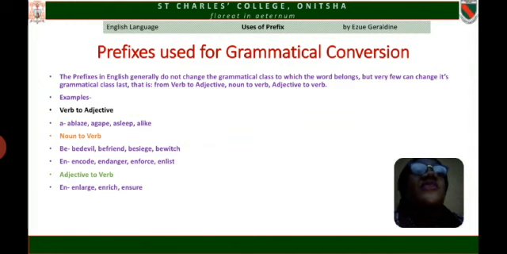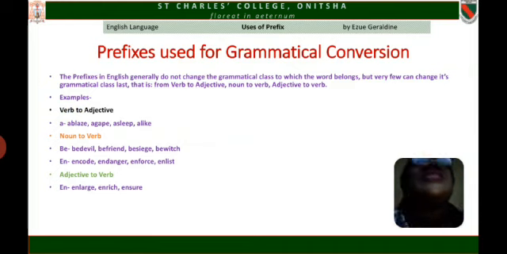So prefixes, as I said in our previous lessons, don't just throw away the word class. No. When we add a prefix to a word, it retains most of the time the word class.